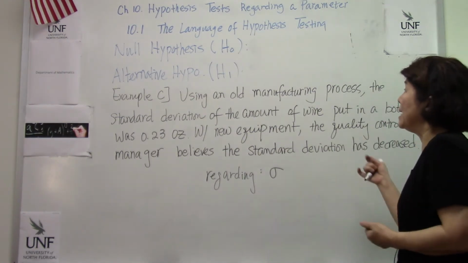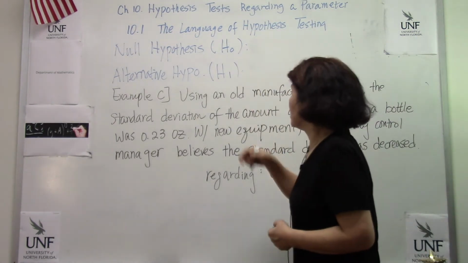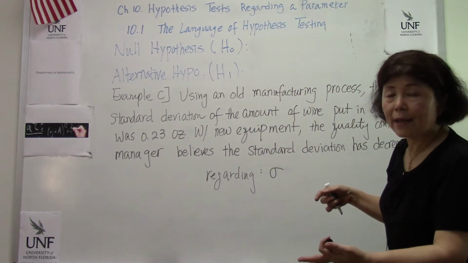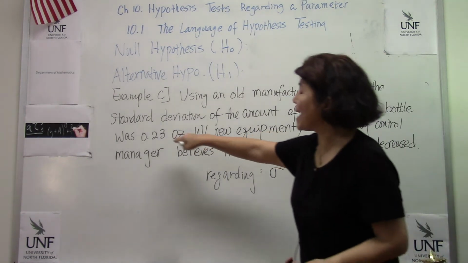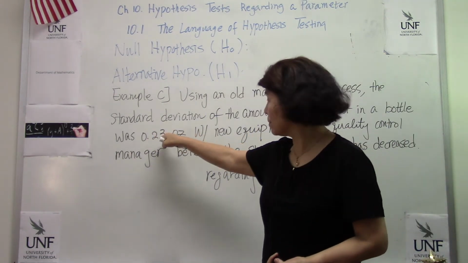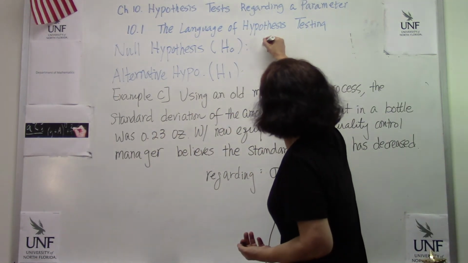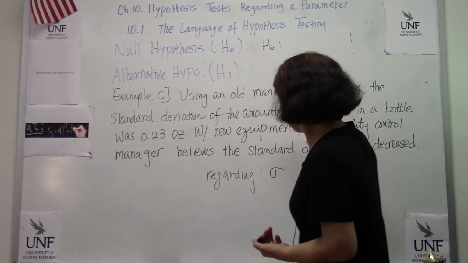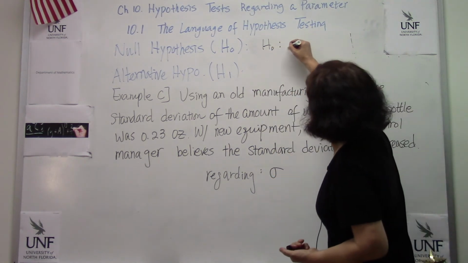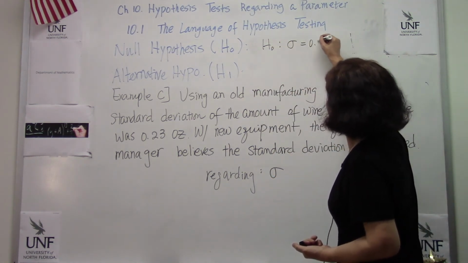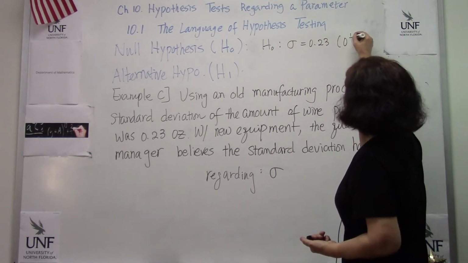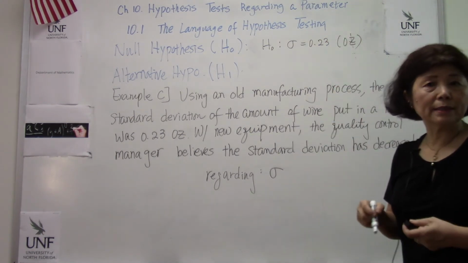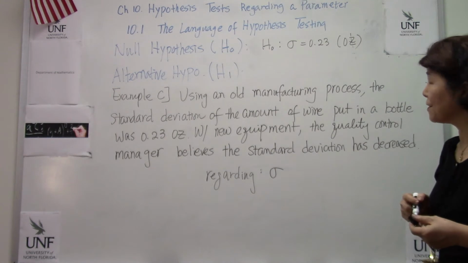So H naught is the old data, before the equipment. H naught is regarding sigma, so sigma equals 0.23 fluid ounces. Yes, this is the null hypothesis.